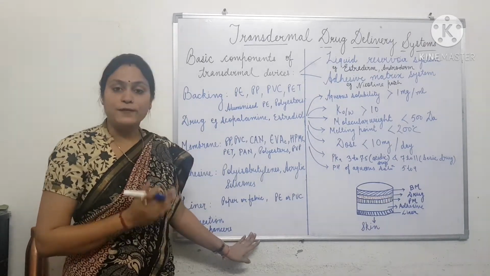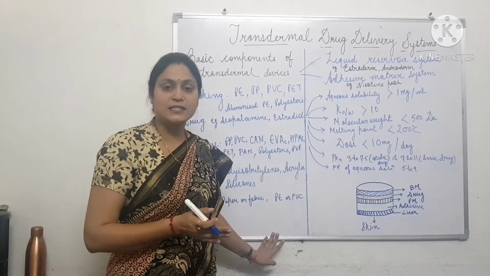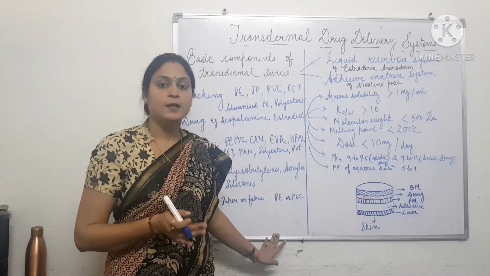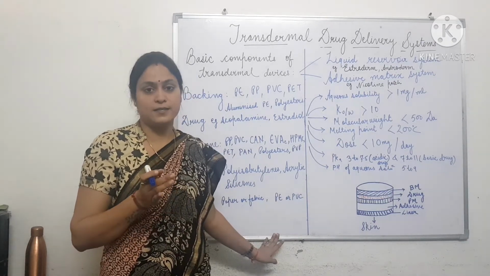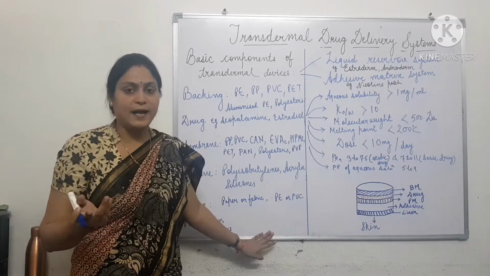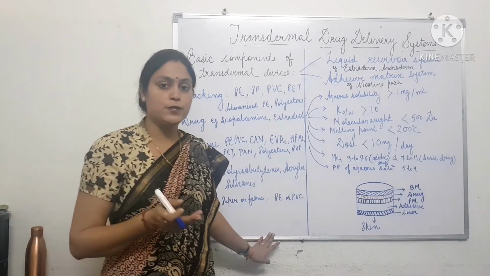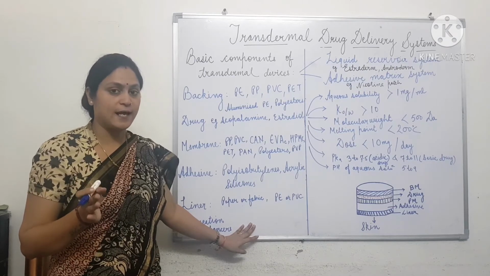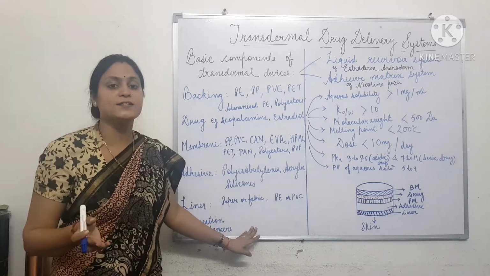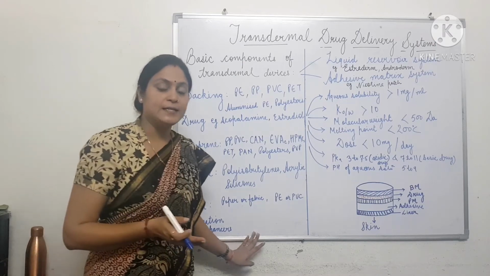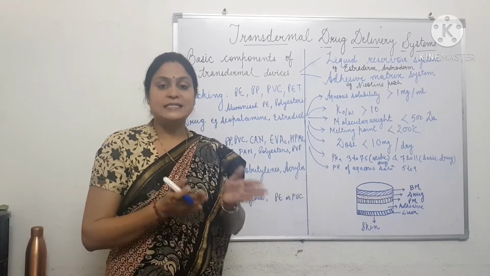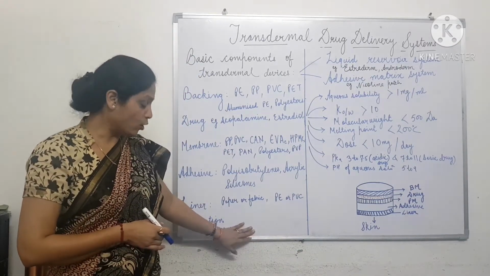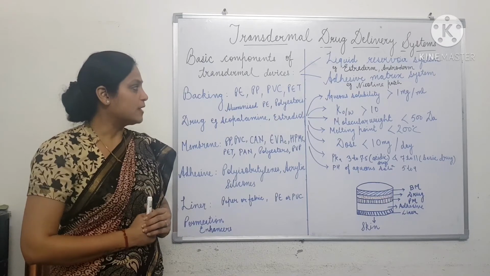They could be surfactants, anionic surfactants, or non-ionic surfactants such as pluronics, like pluronic F127; various brands, pluronic F67 can also be used. Spans and Tweens can also be used as permeation enhancers. Permeation enhancers can be fatty acids such as oleic acid or lauric acid. They could be enzymes such as papain. So permeation enhancers are also an important component in the formulation of transdermal patches.